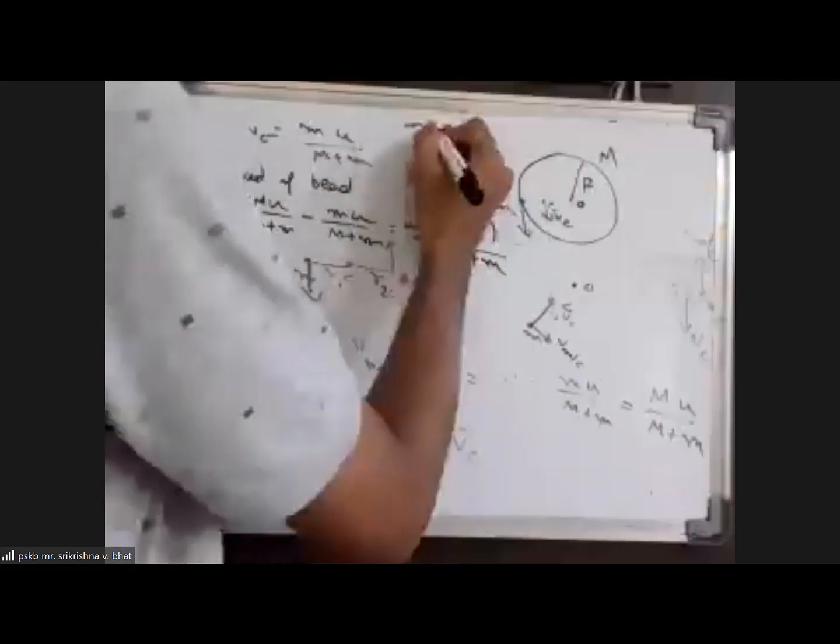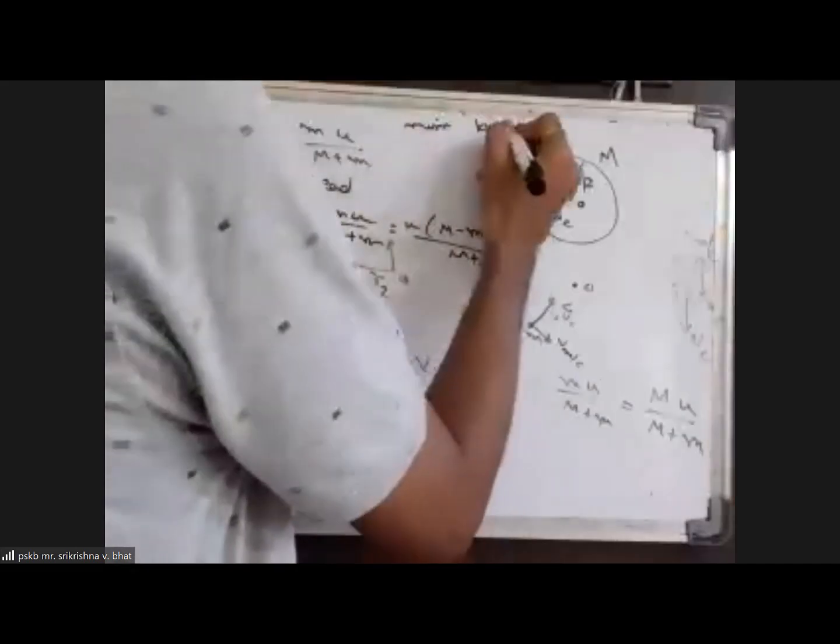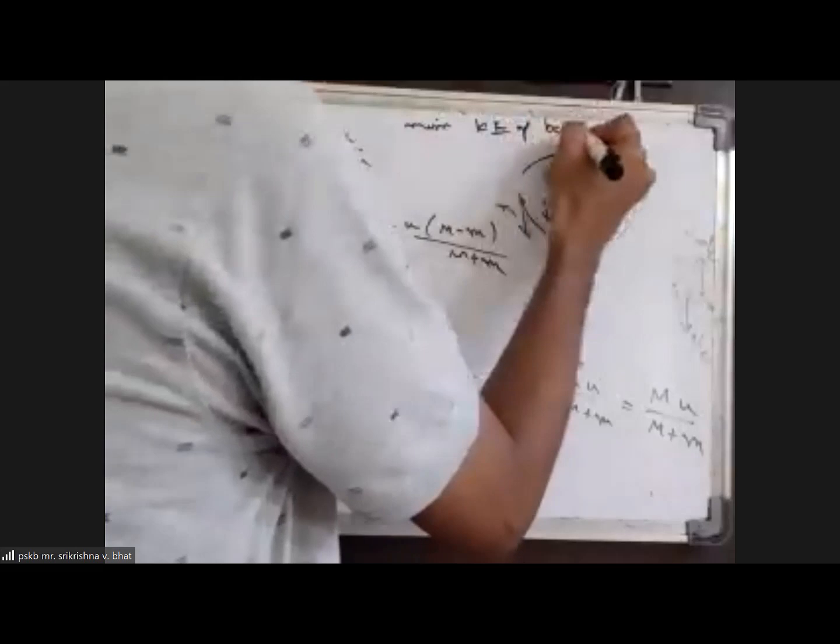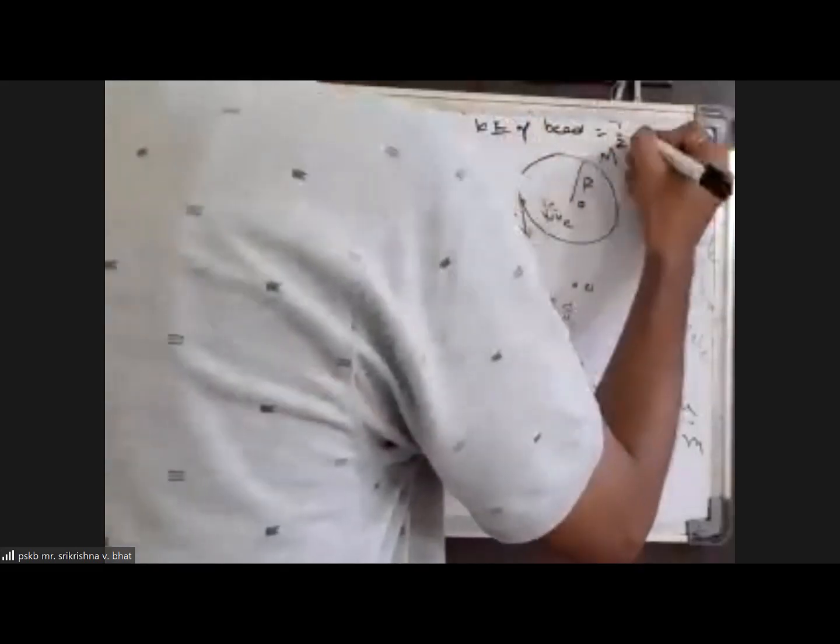So minimum kinetic energy we can get by taking this speed. Minimum kinetic energy of the bead will be half m times the square of this, which is half m u squared times ((M minus m) by (M plus m)) squared.